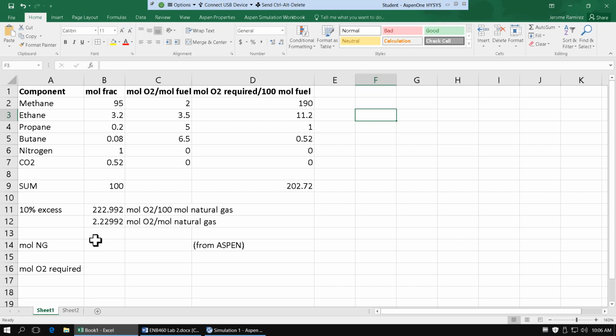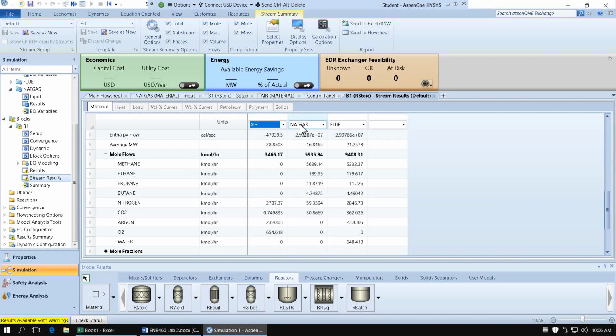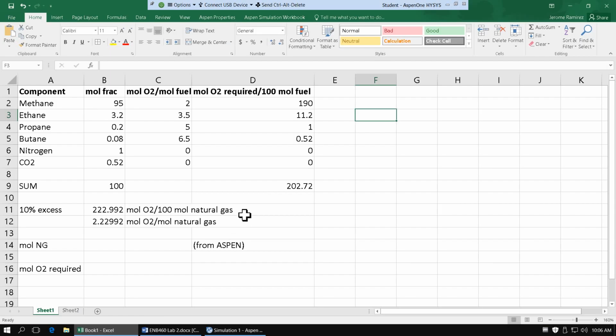And then we put in the spreadsheet the moles of natural gas from Aspen, so have a look here. We have 5,935.94 kilomoles an hour. We'll just copy that to the spreadsheet, kilomoles natural gas per hour.